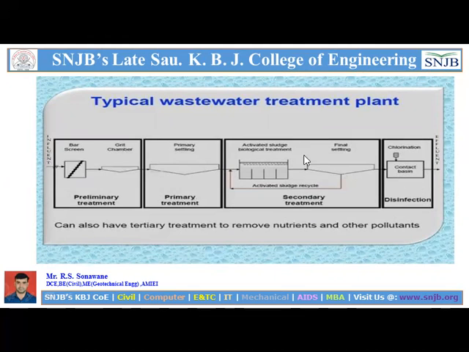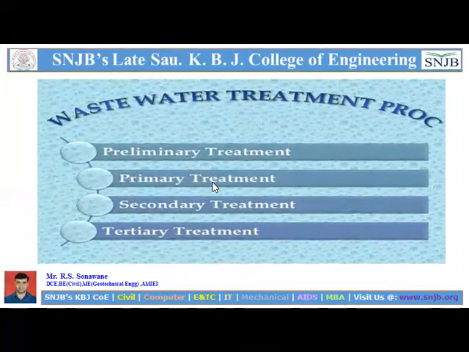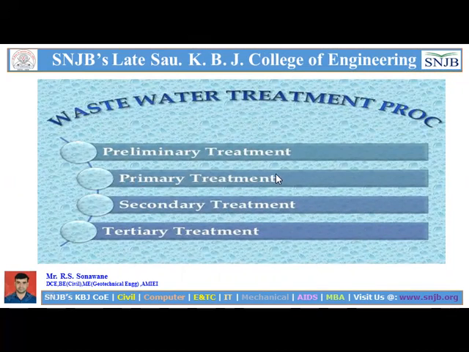These are the general stages of a wastewater treatment plant: preliminary, primary, secondary, and disinfection as tertiary. Tertiary treatment can also remove nutrients and other pollutants, as I mentioned here. So in detail, these four stages, preliminary, primary, secondary, and tertiary, relate to the wastewater treatment process.